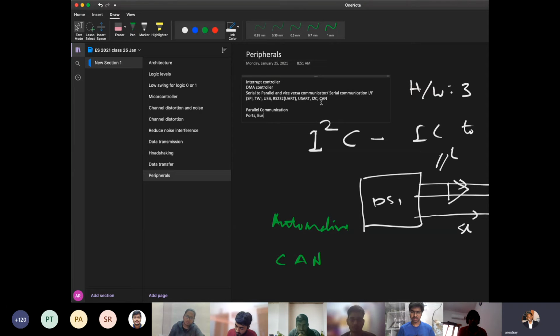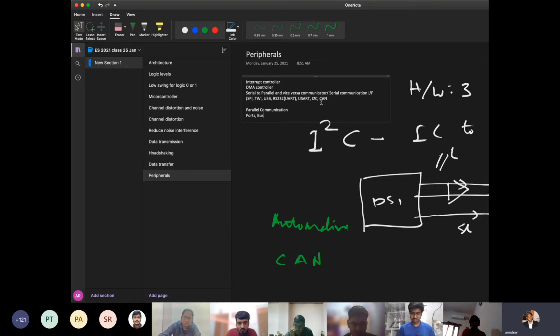But when you take a bus, bus means address bus, data bus: the bus is running, you run and hop into the bus. That means you should be fast enough. Therefore, the port has got a lot of control. It is for slower devices. The bus is for the faster devices. So this is parallel communication peripherals.